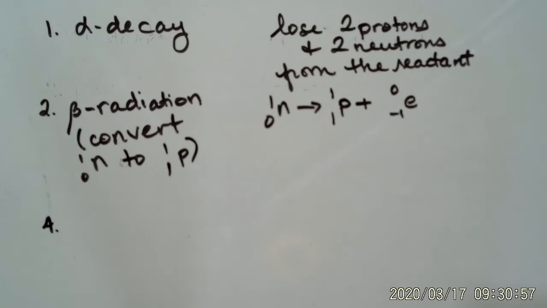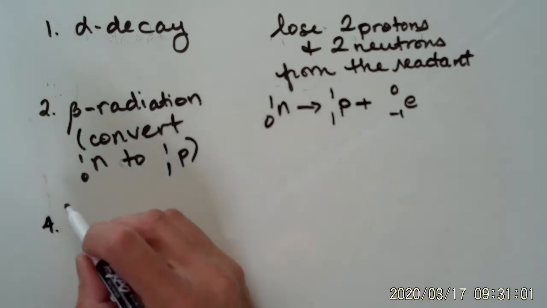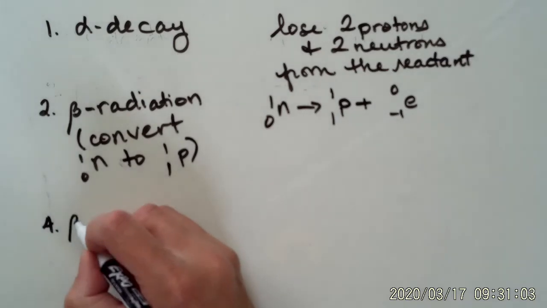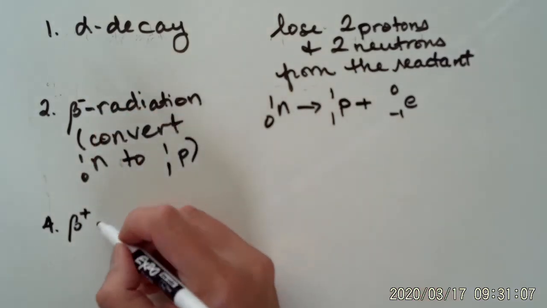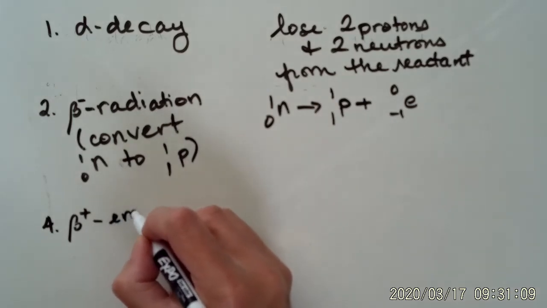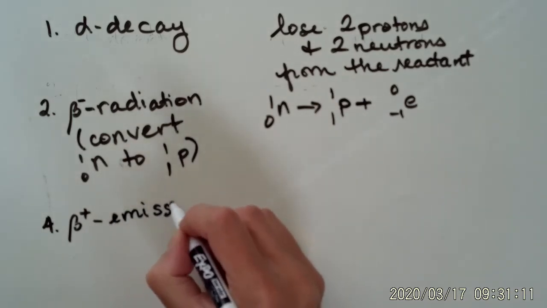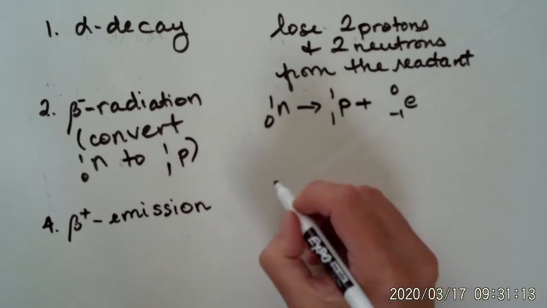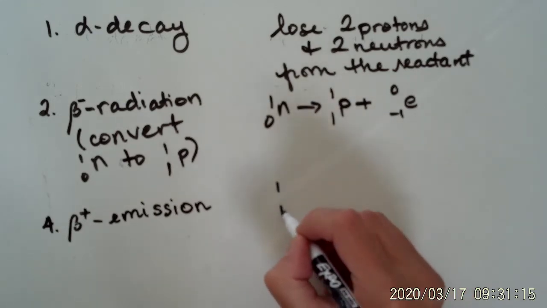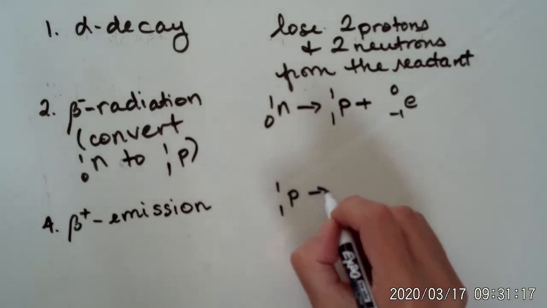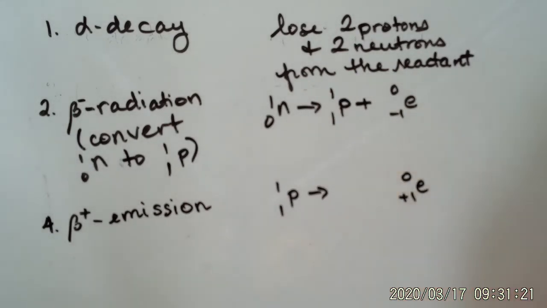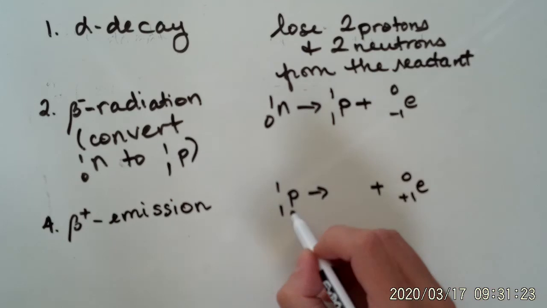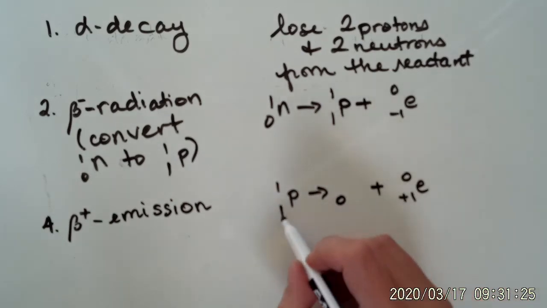So let's take a look at the fourth one. We were talking about positron and electron emission and electron capture. So when we look at positron emission, let's take a look at my proton. If I emit positron, then this has to be a 0.